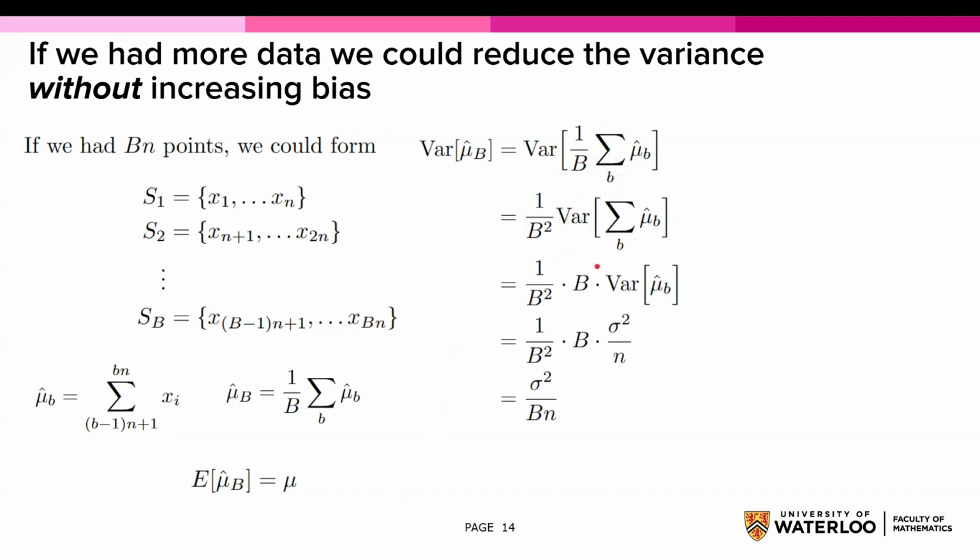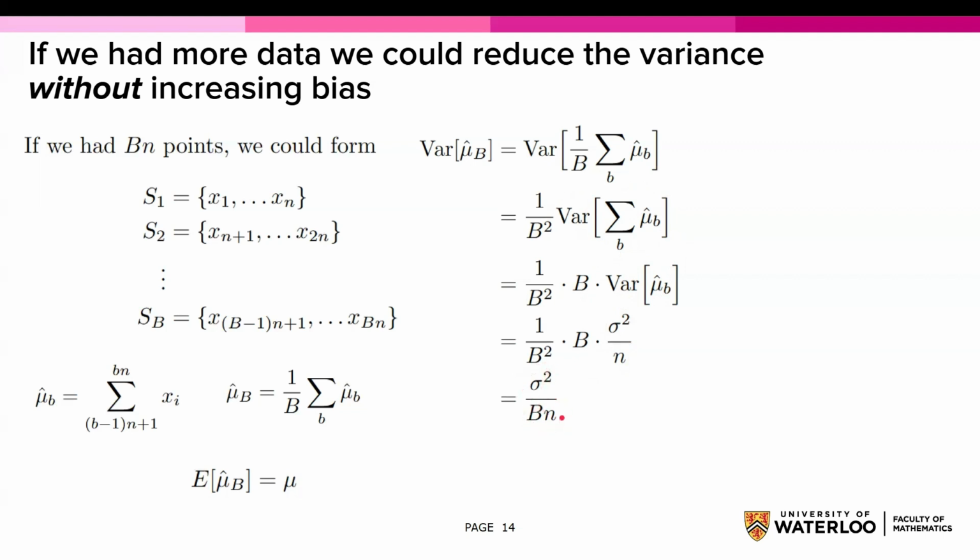And because each estimator is independent and has the same variance, the variance of this sum is simply B times the variance of one estimator, which we know from before is sigma squared over n. So the new variance of the ensemble is simply sigma squared over Bn.